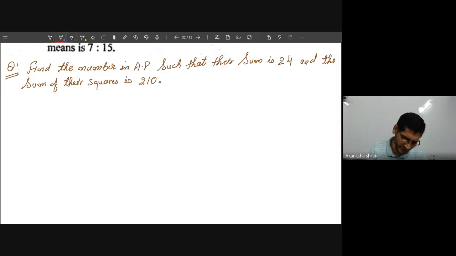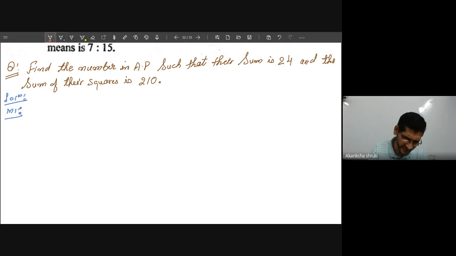I will do it both ways. So method 1, even without the way of taking 3 or 4 terms in AP, directly we are taking the definition of AP and we are going to solve this question. So find the 3 numbers.